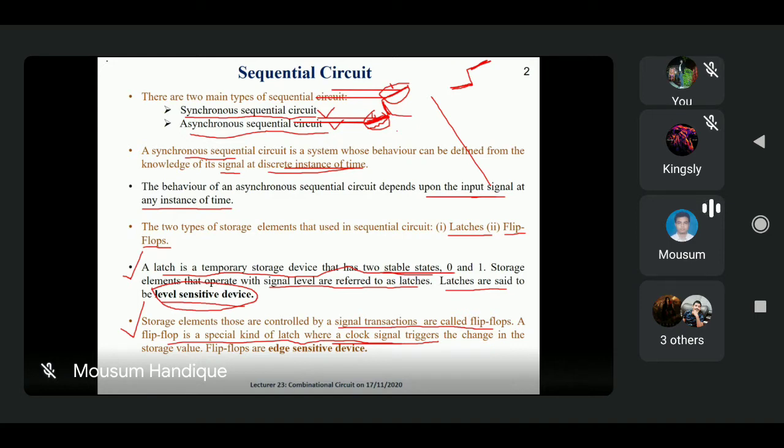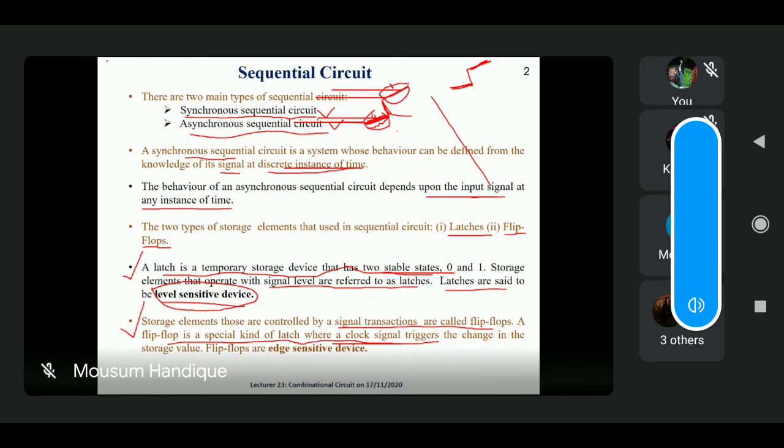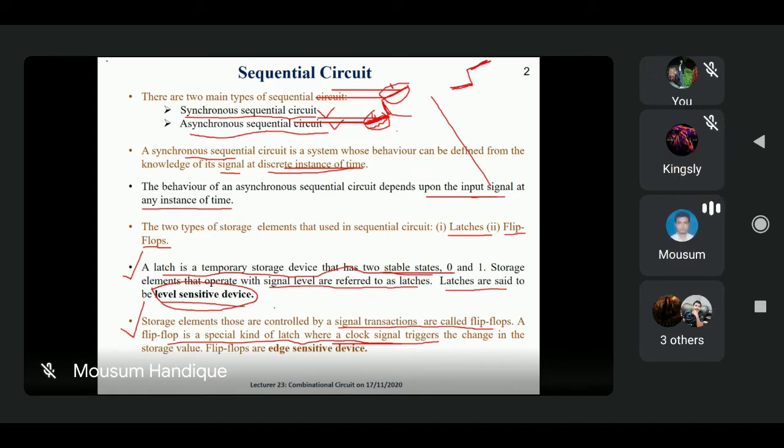For this reason, latches are said to be level sensitive, and flip-flops are edge sensitive. Remember, flip-flops are edge sensitive devices. Why? Because the clock signal triggers the changes in the storage value, and storage elements controlled by the signal transition are called flip-flops, not latches.